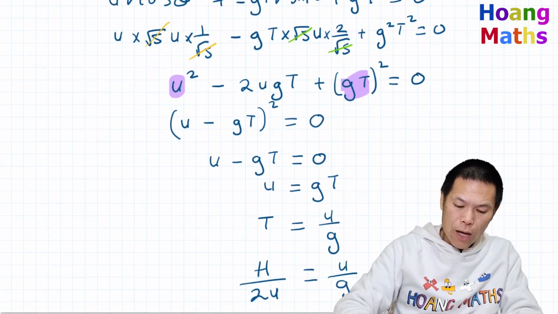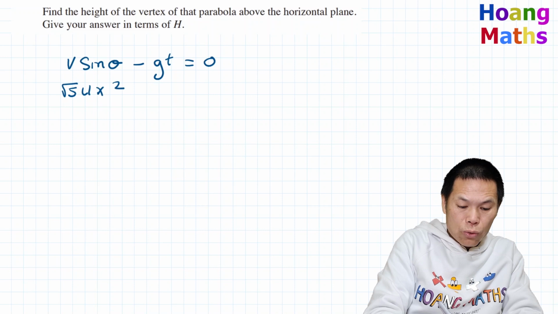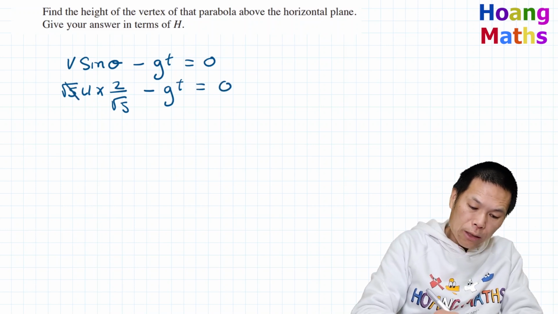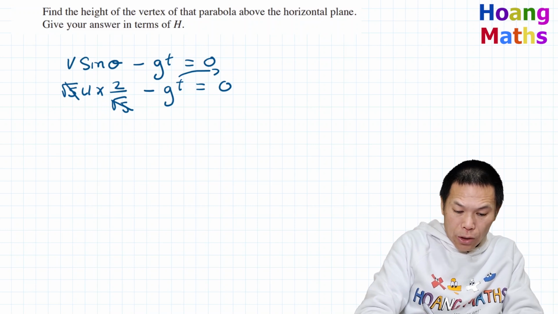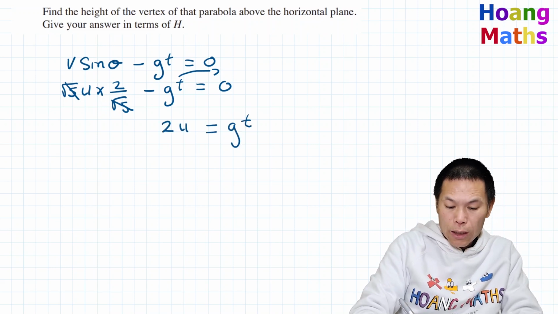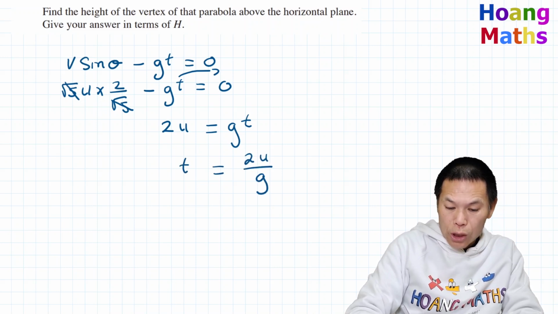Sine is opposite over hypotenuse. So we multiply by 2 over square root 5, and minus gt is equal to 0. The square root 5 cancels. Moving this to that side, 2u is equal to gt. Therefore, t must equal 2u over g.